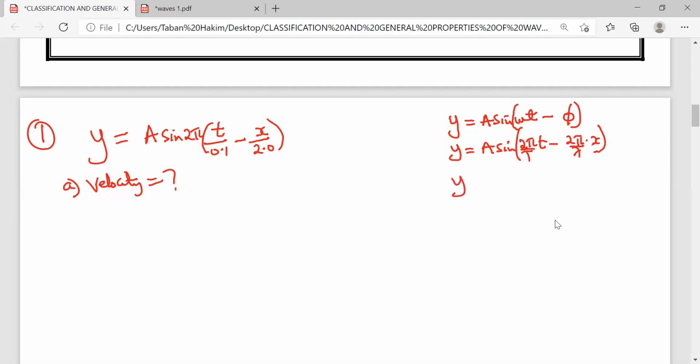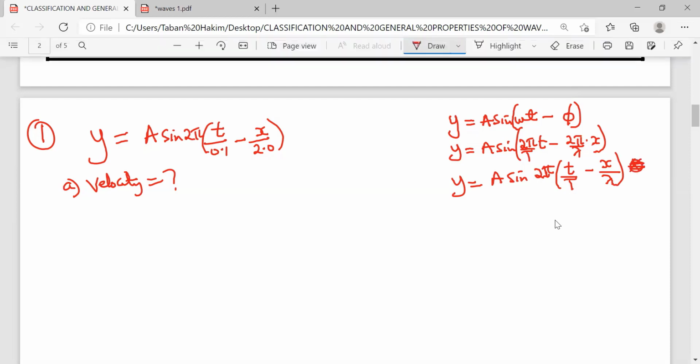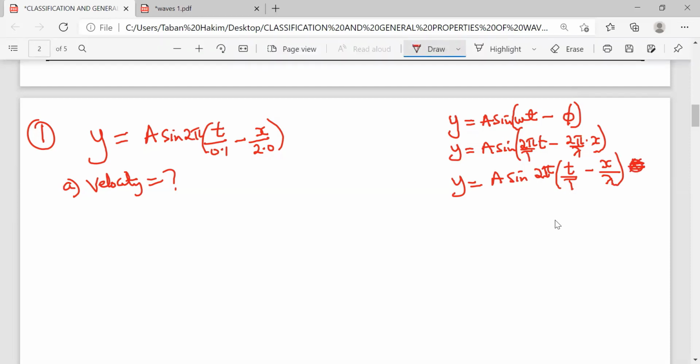This will give us y is equal to A sine 2 pi into brackets (t out of the capital T minus x out of the lambda). When we look at this equation and relate it with the given one, you can find the velocity.